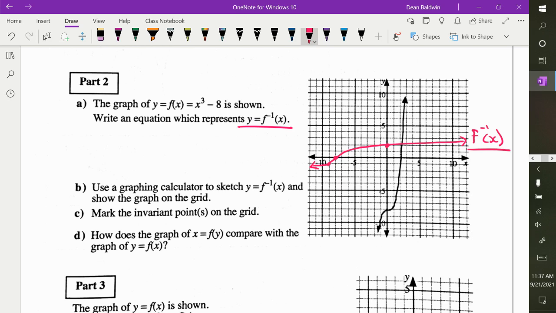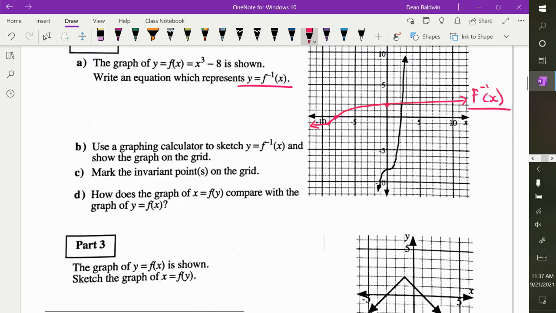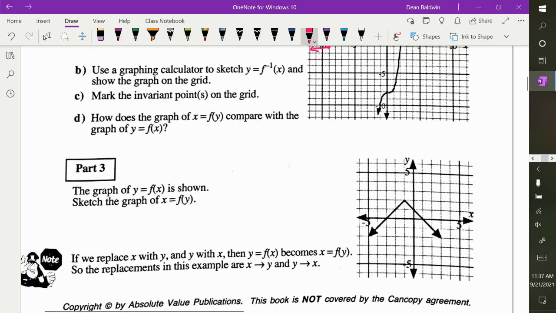There's the graph, peoples. What are the coordinates of this point? 0, -8. Where does it go to? -8, 0. You just switch them. Does that make sense? Do we need to do another one? Or are we good? If you want another one, do the bottom one.